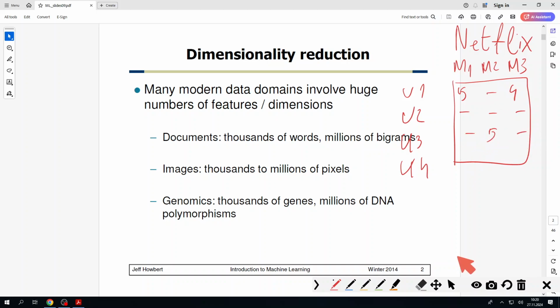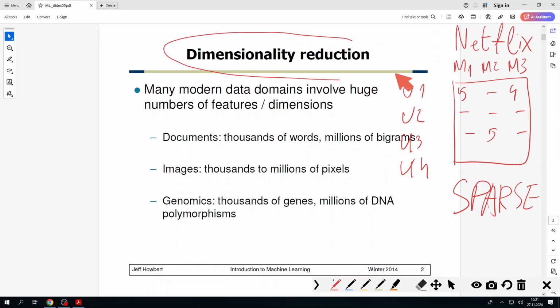So in this sense you have something called a sparse data set, where you have a lot of empty points, a lot of zeros, and a nice idea would be to somehow redo this data set, convert and transform it, and dimensionality reduction is one of the ways to do so.